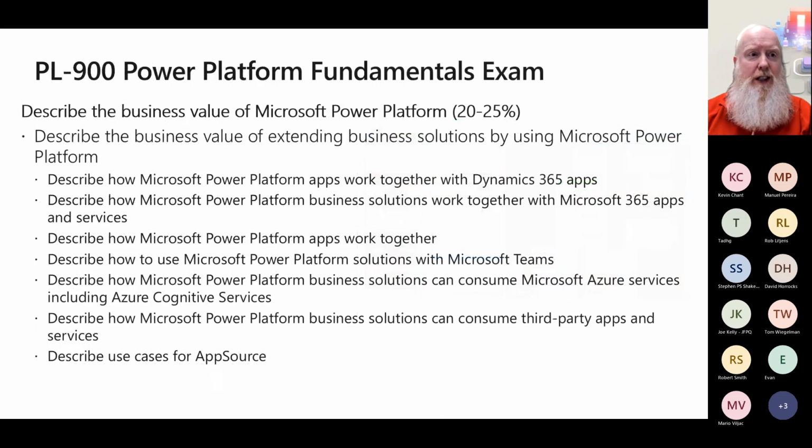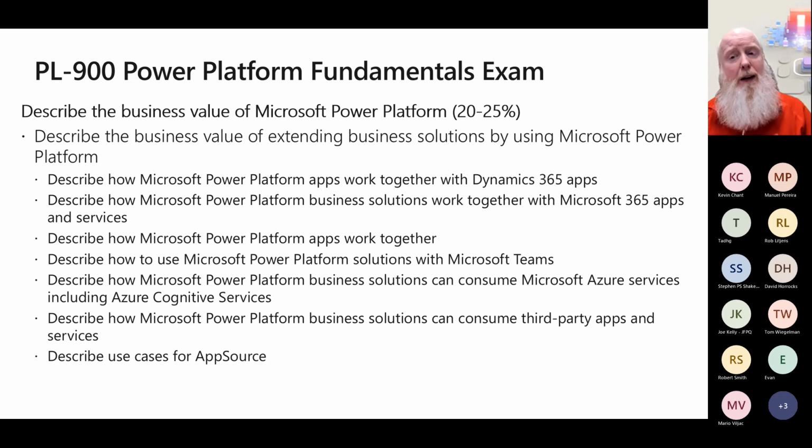So that's the first of the objectives within the first section. The next one is the business value. This is more about using the Power Platform with other Microsoft services. So with Dynamics 365, with Microsoft 365, so with Exchange, with SharePoint, with Teams, leveraging the Azure services such as Azure Cognitive Services. These are all typically through connectors. So this section is about how I use it and leverage it. You can build solutions, and I've done this. I've built solutions on top of Azure, where I effectively just build a Power App to control IoT devices.